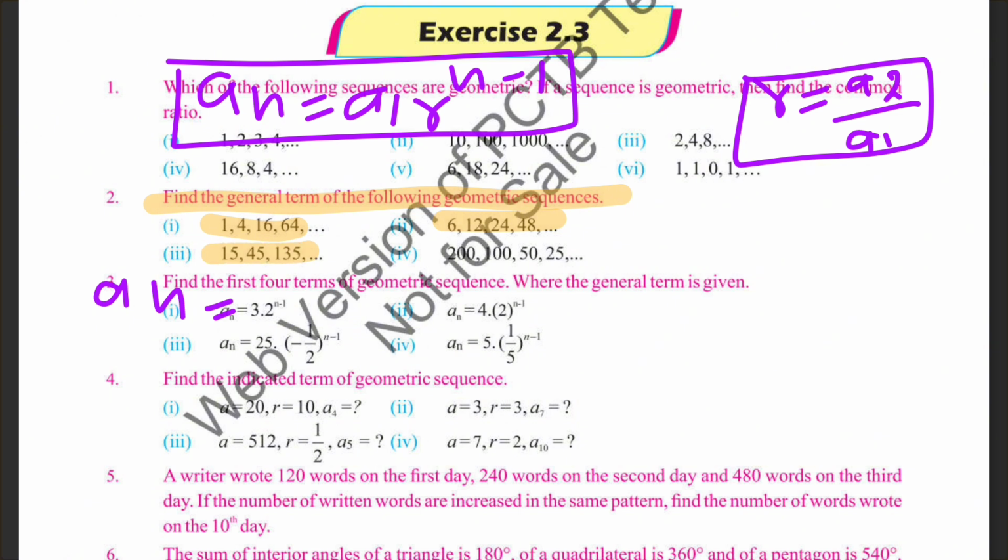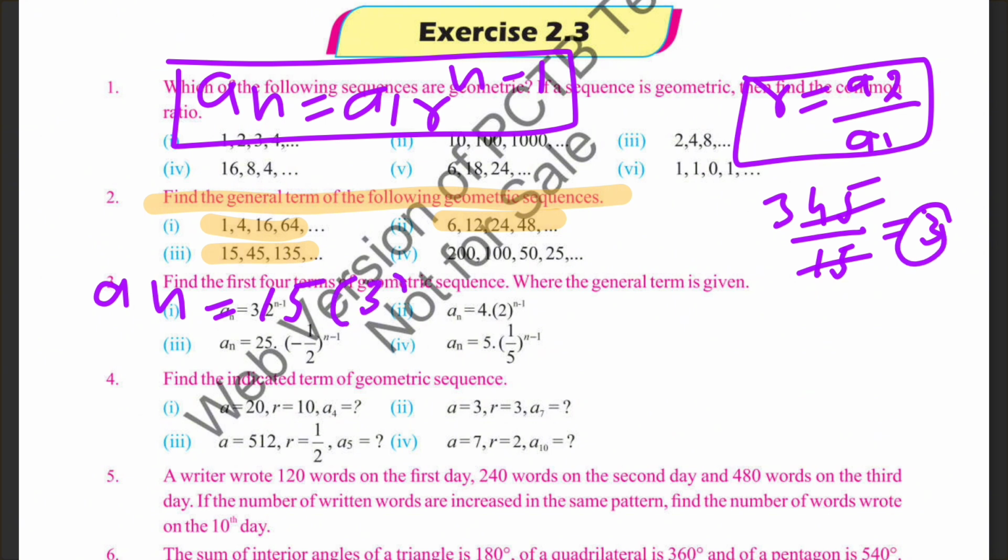Next term, and a1 is equal to 15, and r we find is 45, second term over first term. Simplifying, 45 over 15, and the answer is 3. r is equal to 3 and the exponent is n minus 1. It is the answer.